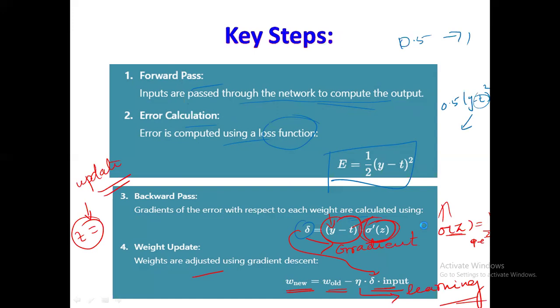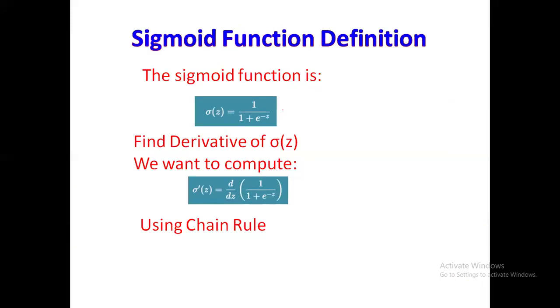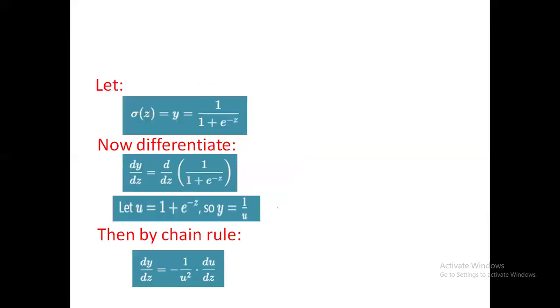It is a simple formula. The sigmoidal function is given by sigma z equal to 1 divided by 1 plus e power z. In this case, find the derivative. If you are differentiating, sigma dash of z is d by dz of 1 divided by 1 plus e power z. Using the chain rule, I'm going to substitute sigma z equal to y, 1 divided by 1 plus e power z.